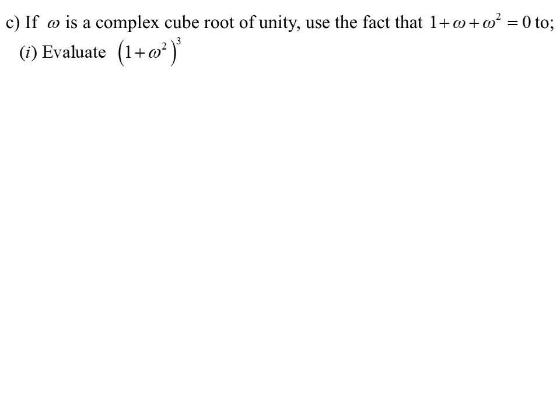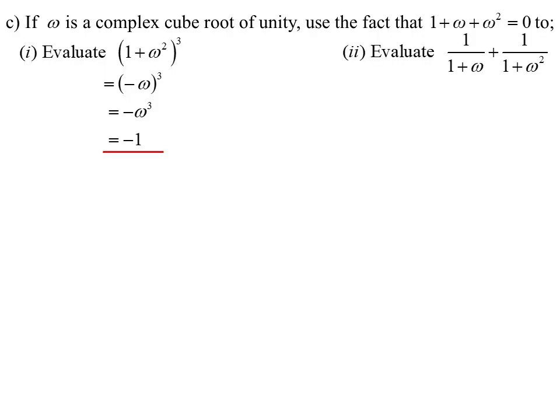But the other thing I know is the one that they've told me there, that 1 plus omega plus omega squared is equal to 0. Using those two things, I should be able to manipulate any question they give me. So 1 plus omega squared, I could rewrite as minus omega. But minus omega cubed would be minus omega cubed, and omega cubed we know is equal to 1. So using those two facts, I come up with the result of -1.